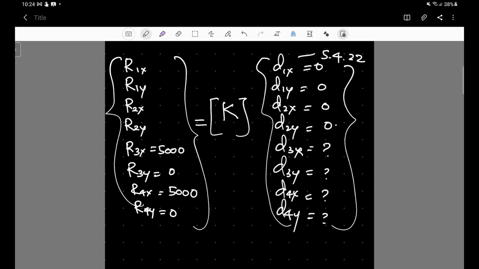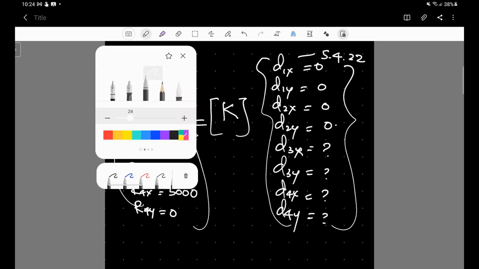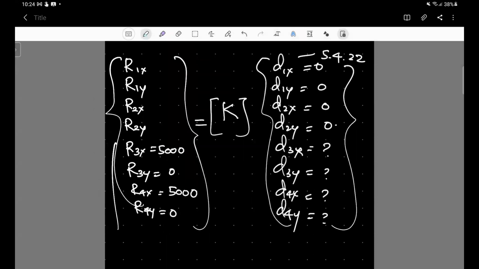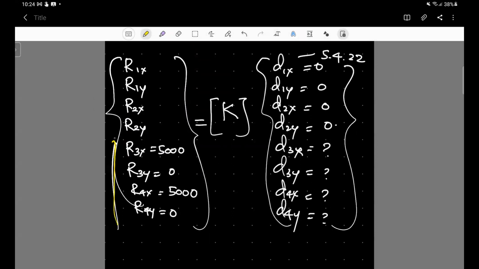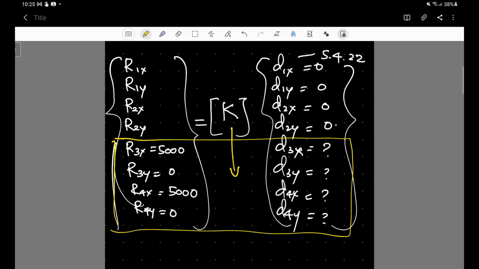So now we can simply select the domain, or simply by eliminating the corresponding rows and columns which correspond to 0, one can obtain the reaction force, let's say the displacements corresponding to node number 3 and 4, by also considering the corresponding part in the capital K matrix.